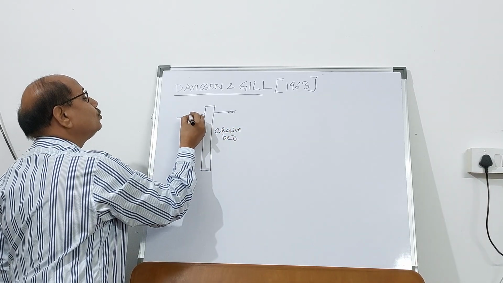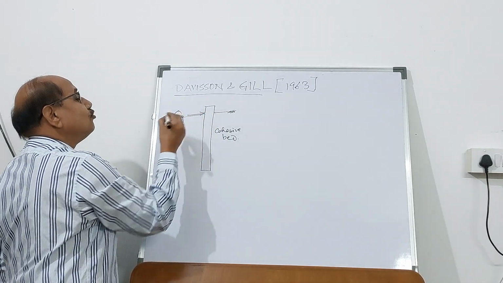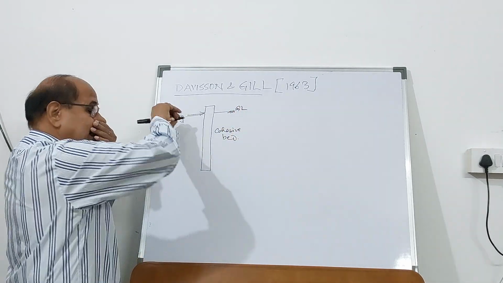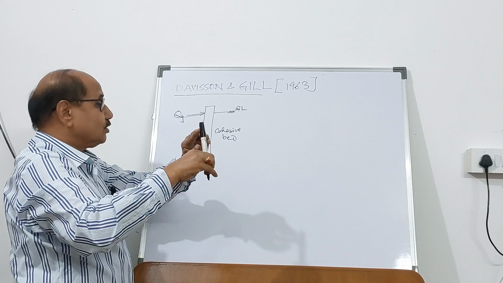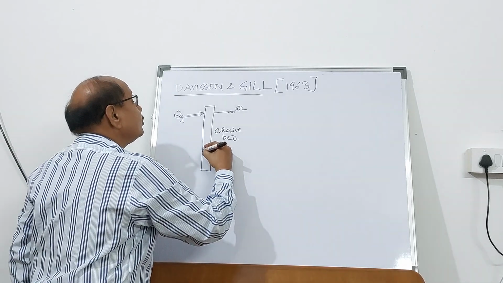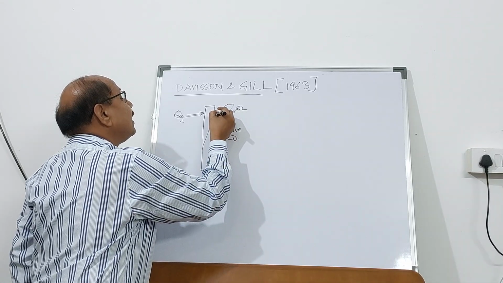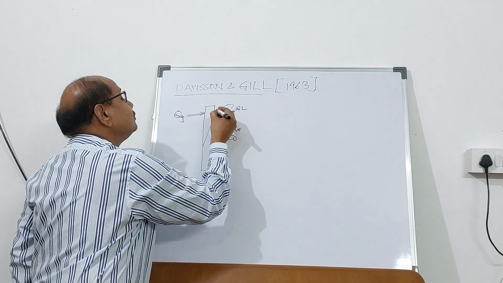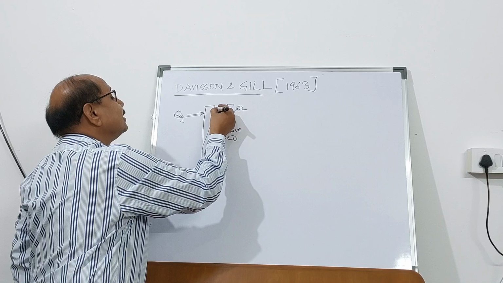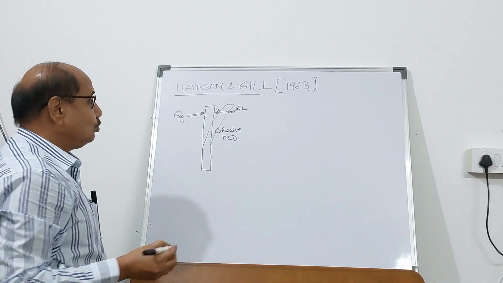and subjected to the horizontal force QG at the ground level. So at ground level, the horizontal force to this pile is going to be QG. Naturally, the pile is going to deflect, and if it is going to deflect, the deflection at various depths can be calculated. So let's say the deflection xz you want to calculate.